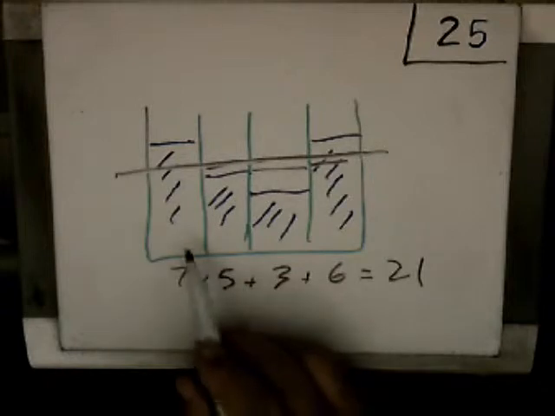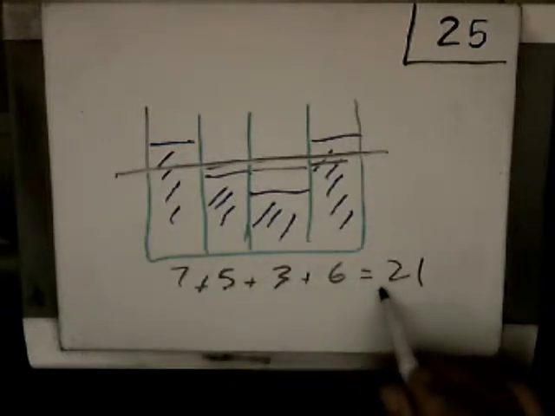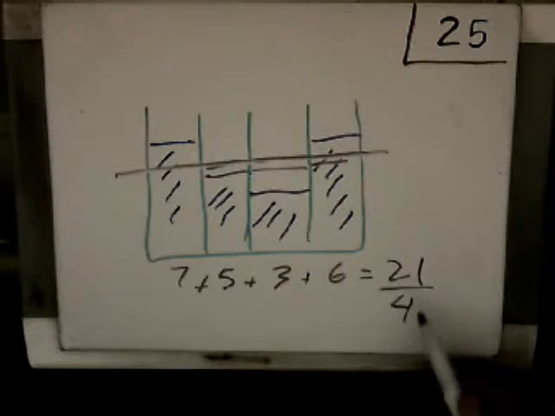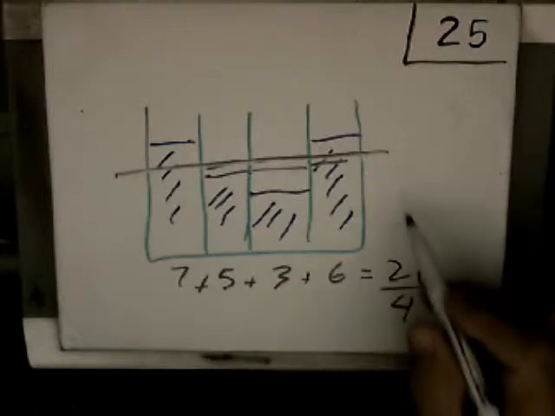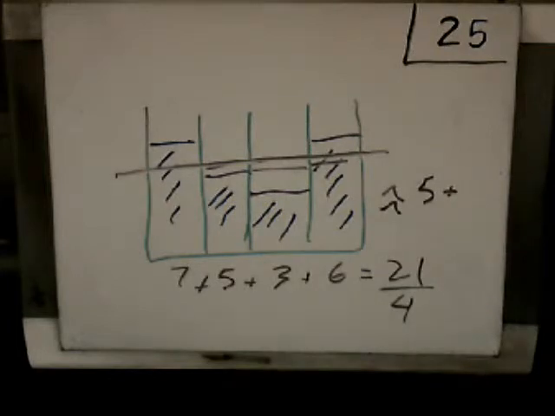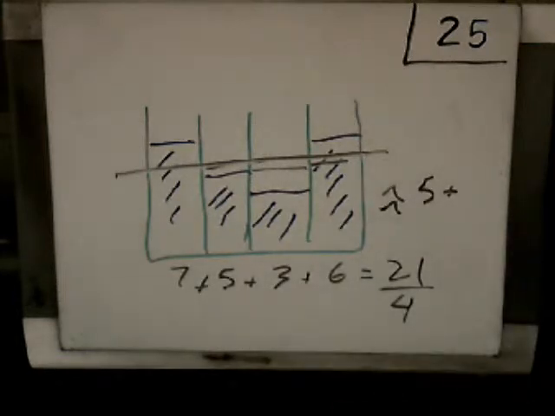Their average would then be, since I have 4 different levels or 4 different numbers here, I would then divide by the quantity of the numbers that I had to add, and so that would be approximately 5 and some amount. So that would be the mathematical approach. The visual approach is my water will even out. Water will always seek its own level.